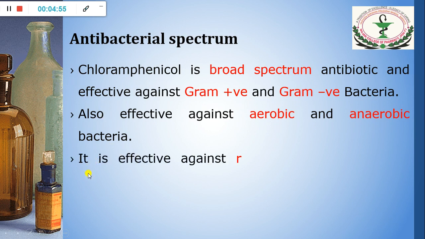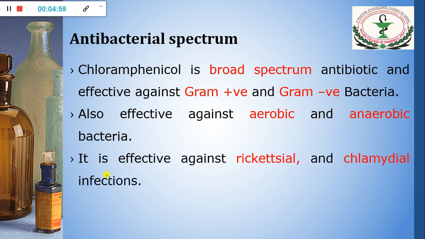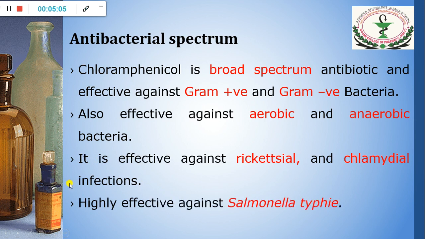It is also effective against rickettsial and chlamydial infections, and highly effective against Salmonella typhi. So this is the antibacterial spectrum: gram positive, gram negative, aerobic and anaerobic, also rickettsial and chlamydial species, and highly effective against Salmonella typhi.